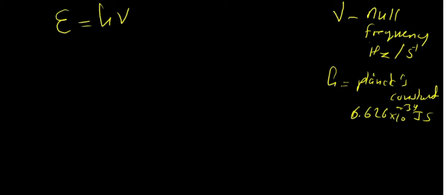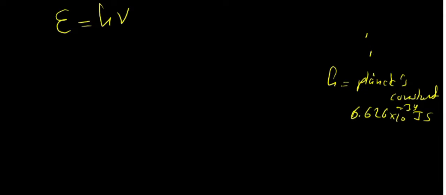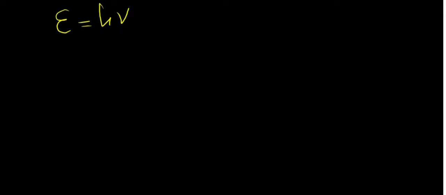Now, because Planck's constant is in joule second, multiplied by frequency, which is in per second, an inverse multiplied by itself cancels out, it gives 1. So our answer will be in joules, and hence our energy is in joules, which we calculate using this formula. So that is how we can calculate the energy of a photon.